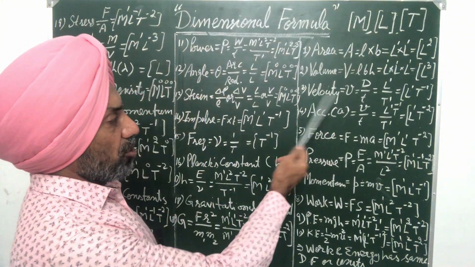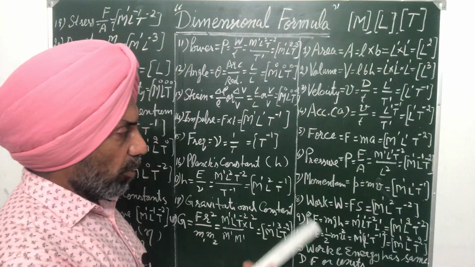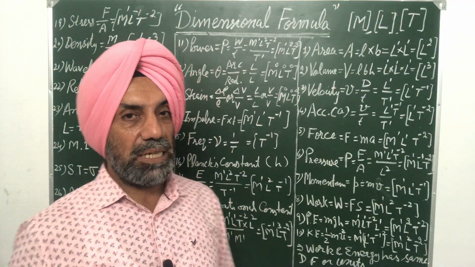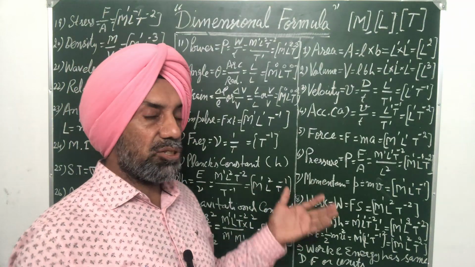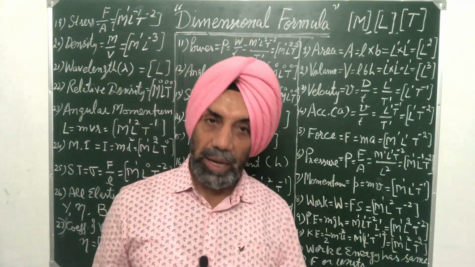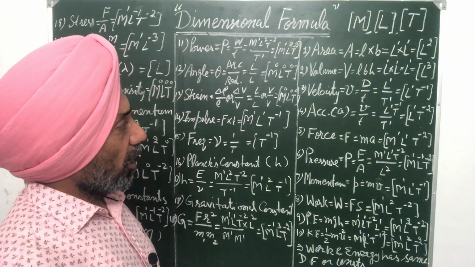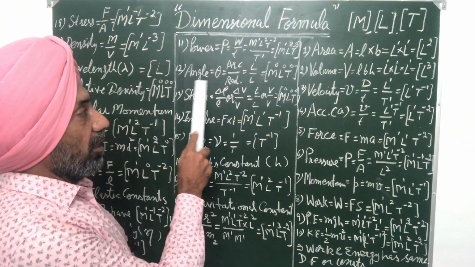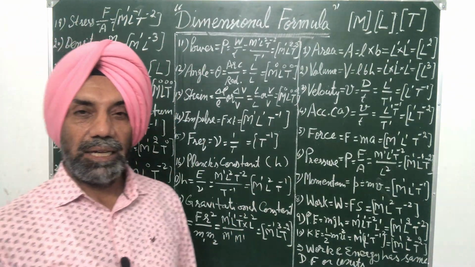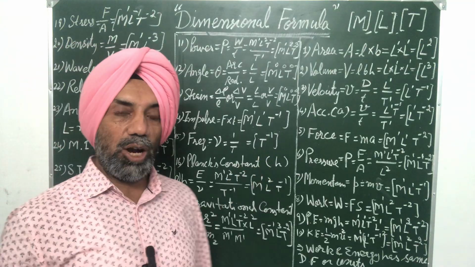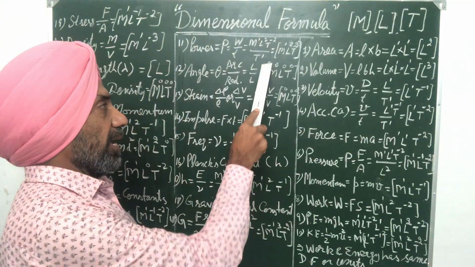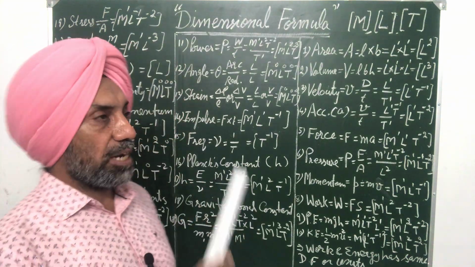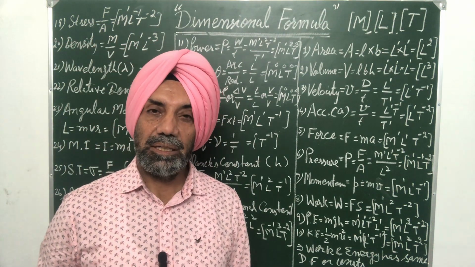For example, velocity, force, acceleration, momentum are all dimensional variable physical quantities, means they have dimensions and their value is not fixed, they may have any value.